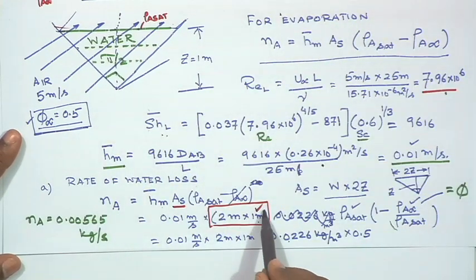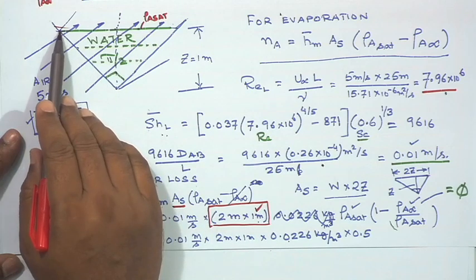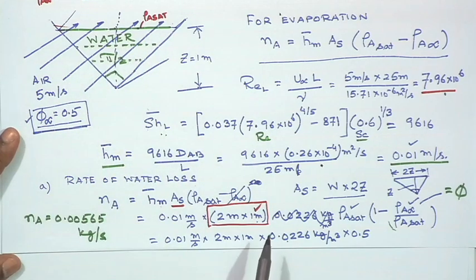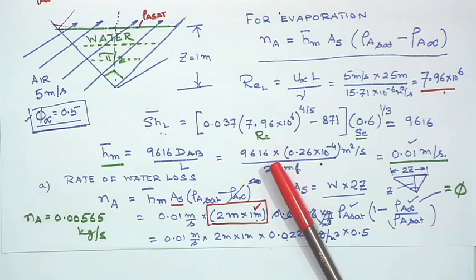So, 1 meter will remain constant, but this dimension will slowly change with time. So, essentially this tells you that the rate of water evaporation from the reservoir may not be a constant. It will depend on the depth of water at that instant of time, and that would give you the instantaneous rate of water loss from the surface.